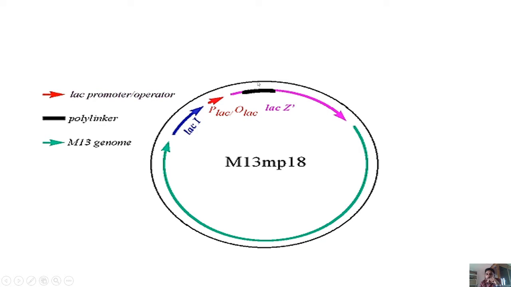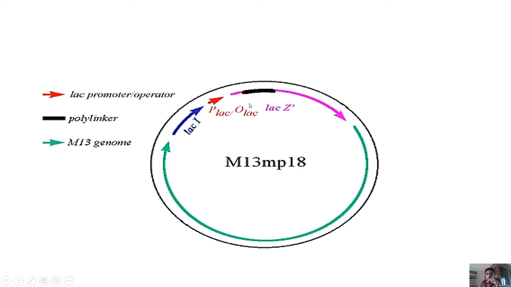This is one way. In another way, it can also be introduced into this region in the opposite orientation. That means there it starts from HindIII and ends with EcoRI, exactly opposite of the orientation that I told you a while ago.